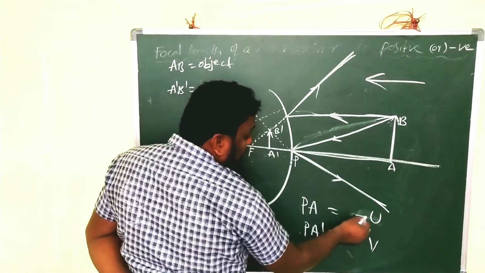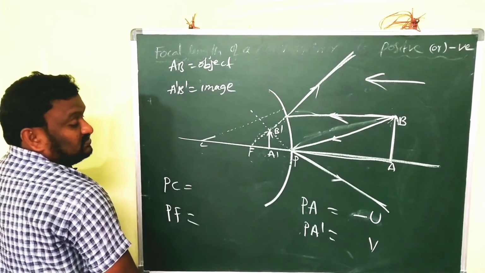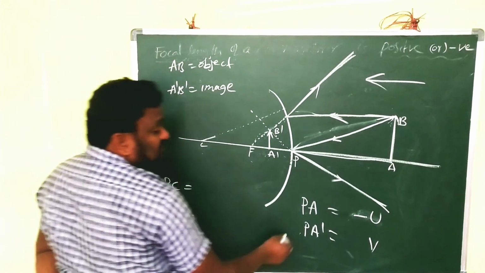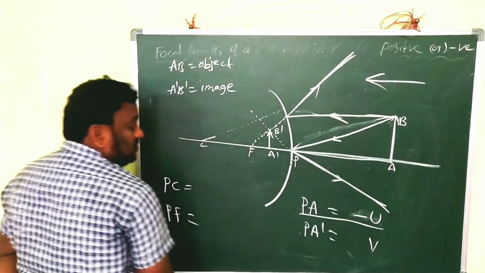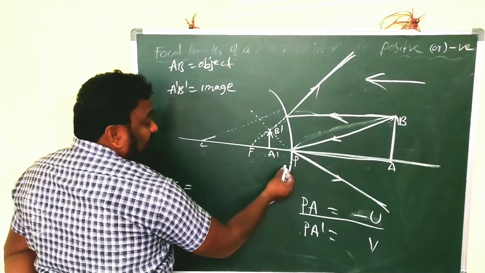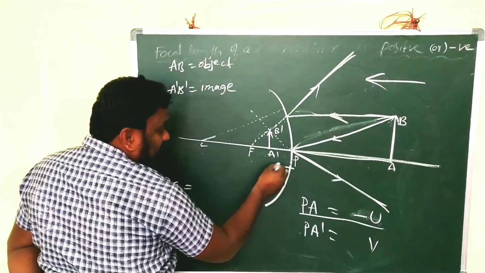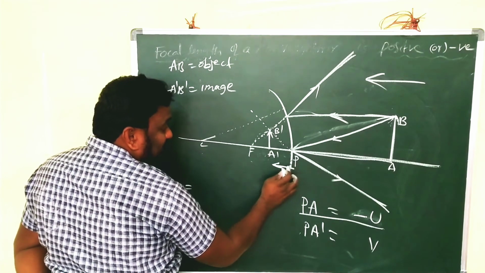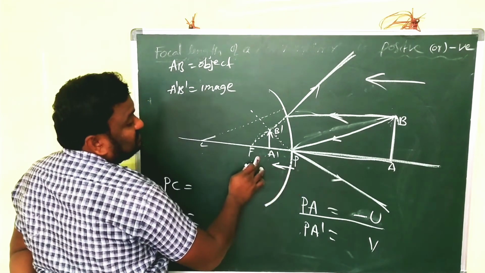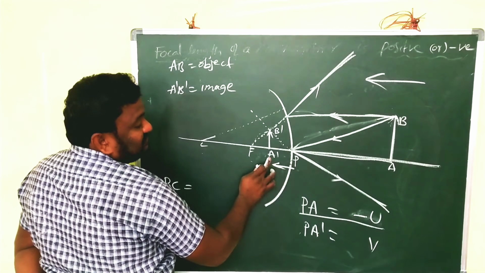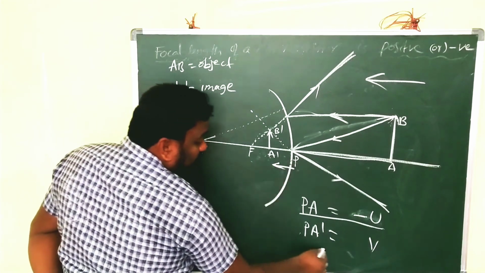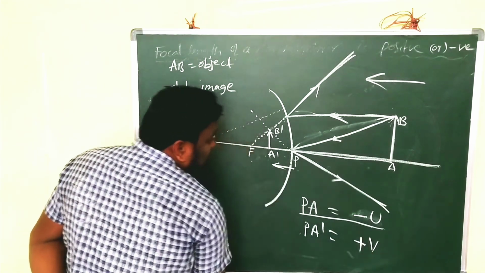That's why PA is negative, which means the object distance is negative. Clear now? And PA dash is in the direction of incident light.